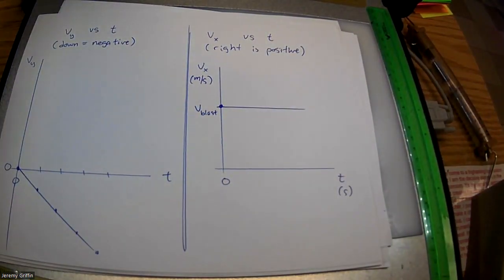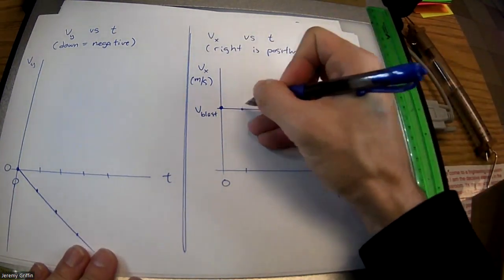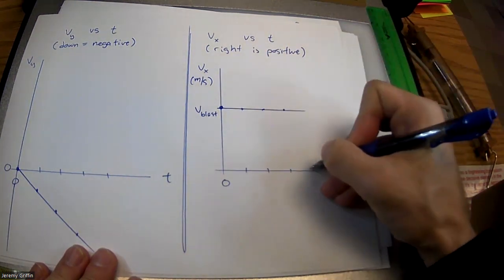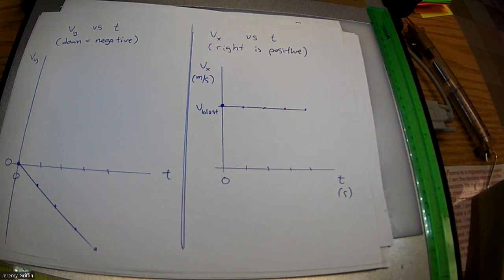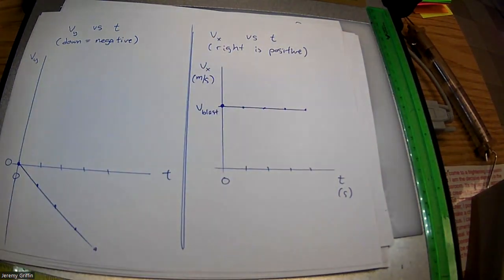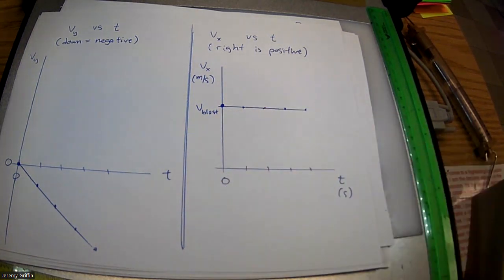So you guys all got that, right? Because you guys are saying after 1 second, it's moved to the right that fast. After 2 seconds, it's moved to the right that fast. After 3 seconds, right? So there's no change, because there's no horizontal force. Gravity only pulls vertically, not horizontally. So this is v sub x, in the horizontal direction. And also we're ignoring air drag, which we've been doing all along. So there's no horizontal force, so it just keeps doing what it's doing. Okay.